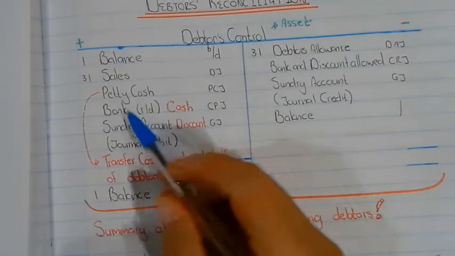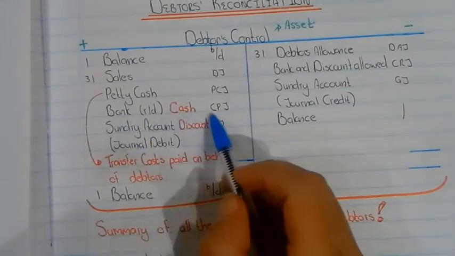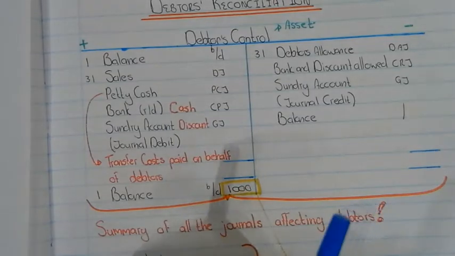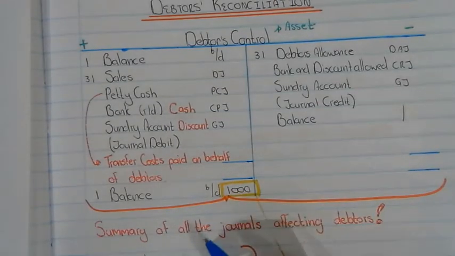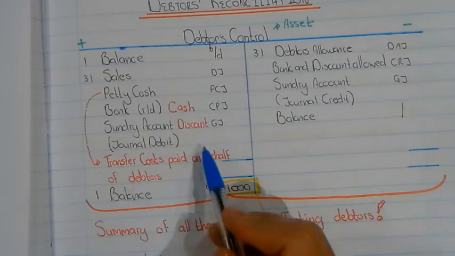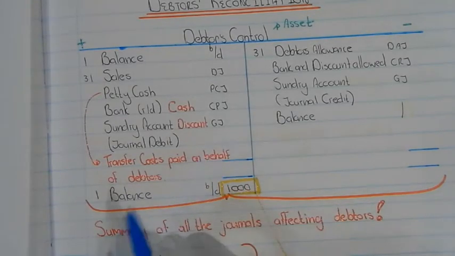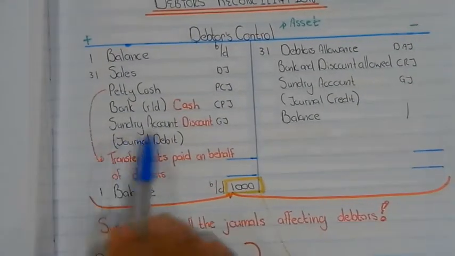Remember now that the amount we put in our CPJ will only be the cash amount. We will still have to cancel the discount that he received, and this discount will be cancelled in my general journal. The entry for my general journal in my ledger accounts will be sundry accounts.